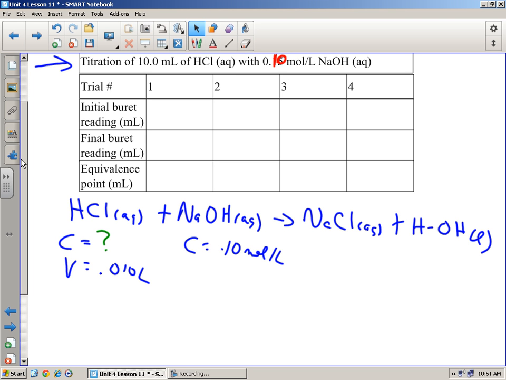And the most important thing with the titration is that you do it consistently every time. So 10 milliliters of acid, and you will put that into an Erlenmeyer flask, 10 milliliters of acid. So that is me measuring out the hydrochloric acid. And remember, don't blow on it.